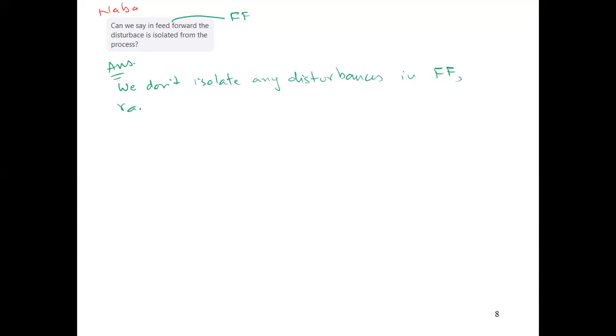Rather, we must measure, और अगर आप measure नहीं कर सकते तो what is the other thing we need to do, we need to estimate. So we need to estimate or measure the disturbance.